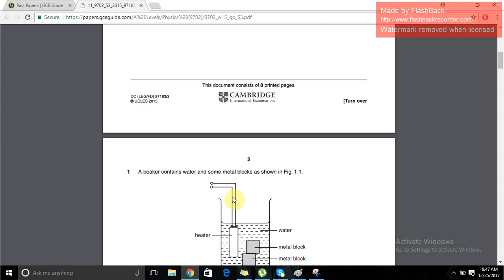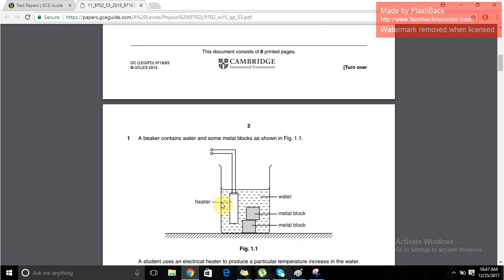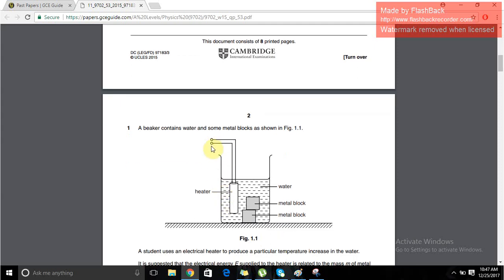You will have to connect a voltmeter like this between these two, so it is in parallel, or even better, you could simply do this. Complete it like this.